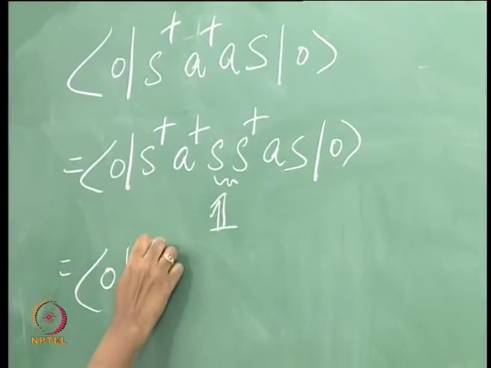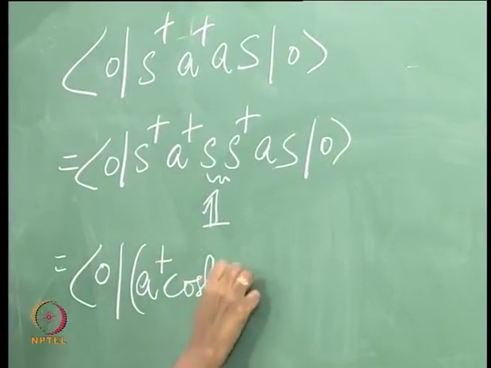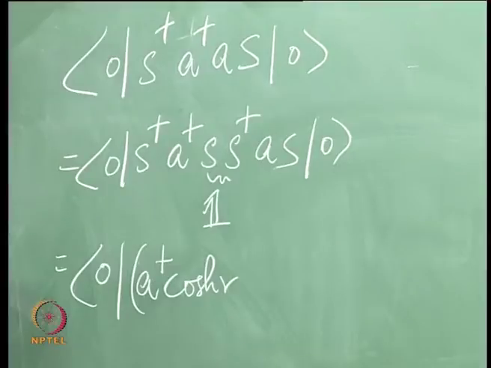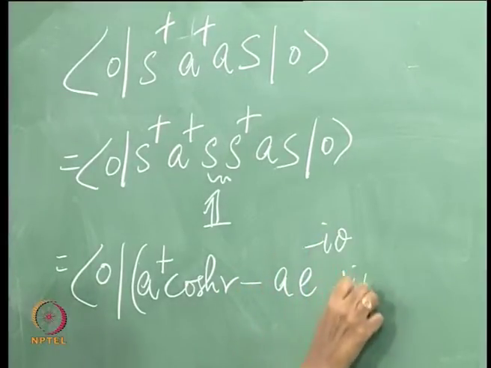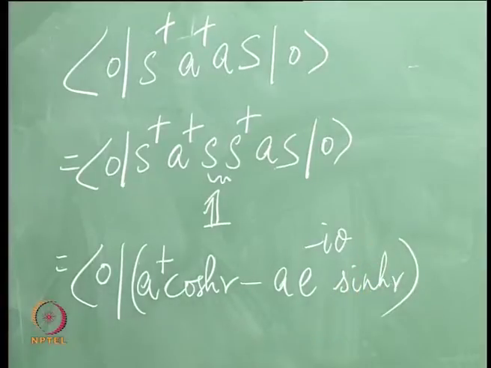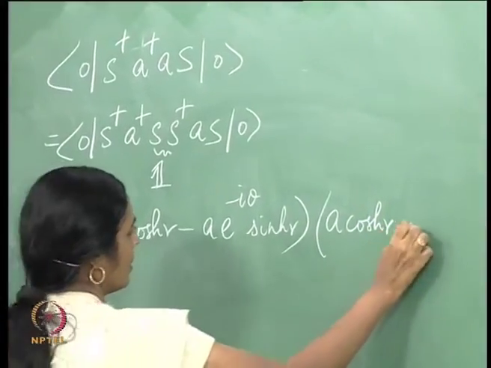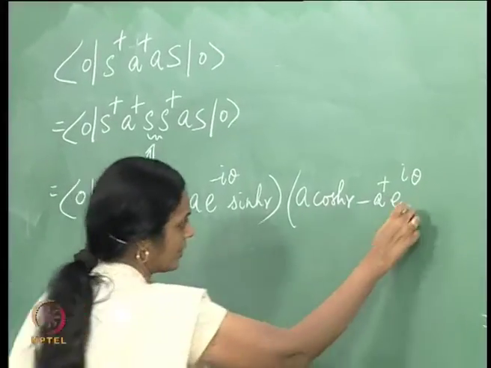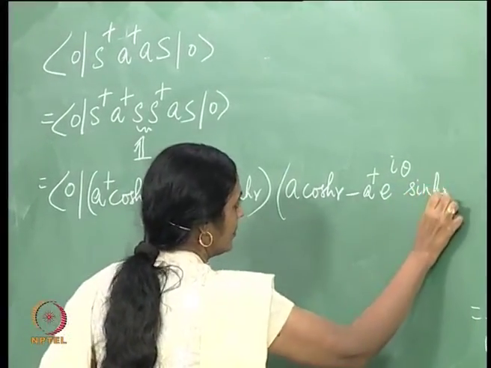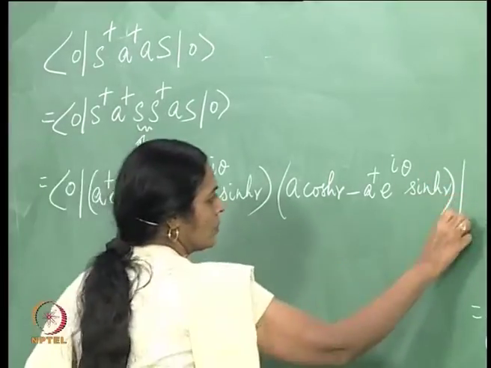Now, S†A†S is A† cos hr minus A e to the minus iθ sin hr, and S†AS is A cos hr minus A† e to the iθ sin hr. And of course, there is a ket 0.